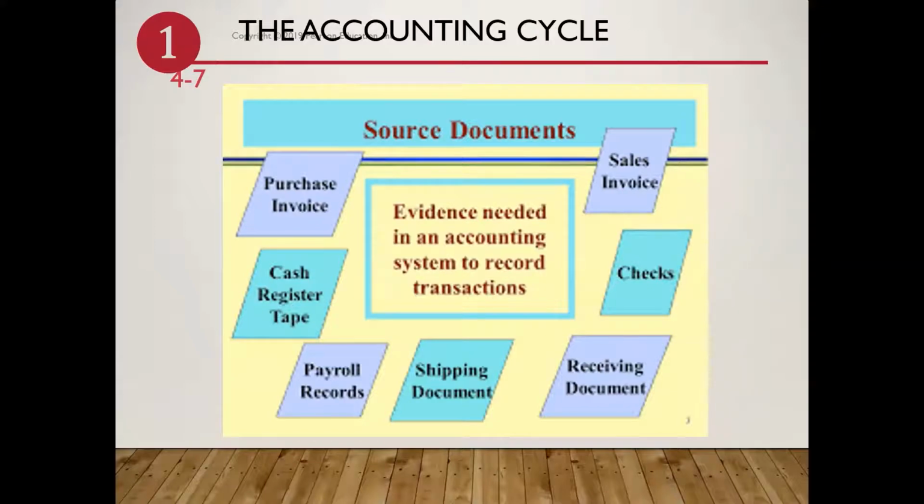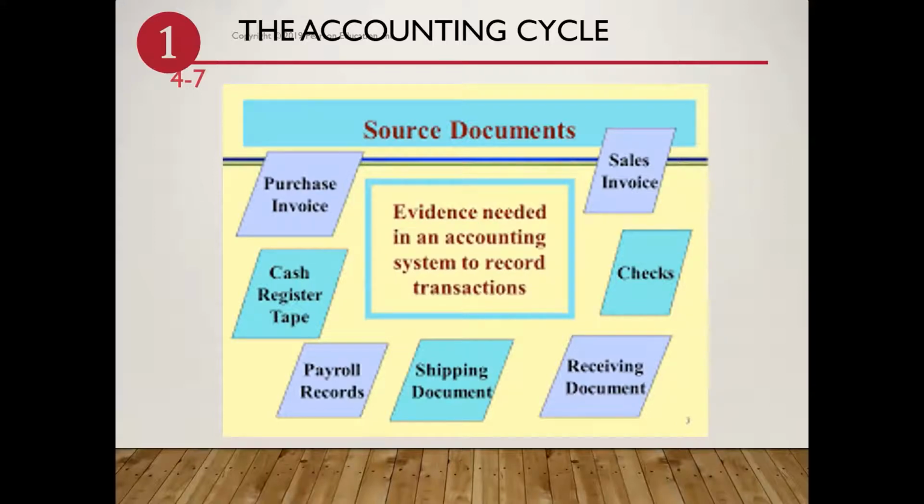The first step in the process is to identify external transactions affecting the accounting equation. An accountant usually does not directly witness the business transaction, but they have to have that information.